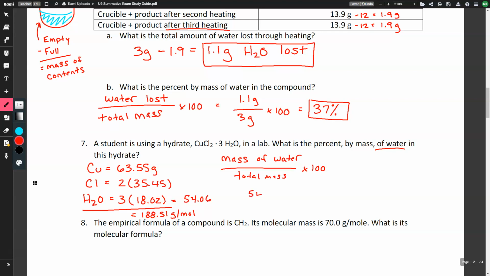So 54.06 grams over the total, which is 188.51 grams, times 100 is 26.68%. So of the whole thing, 26.68% is water.